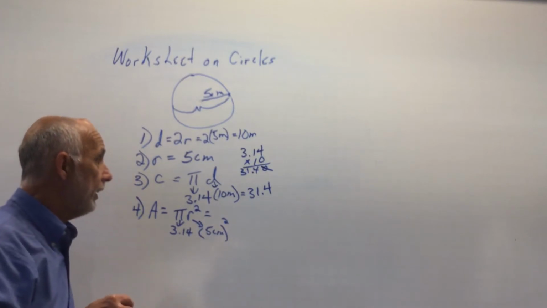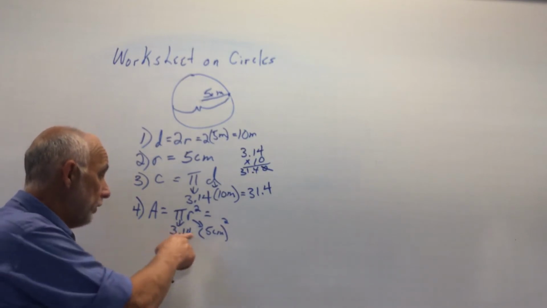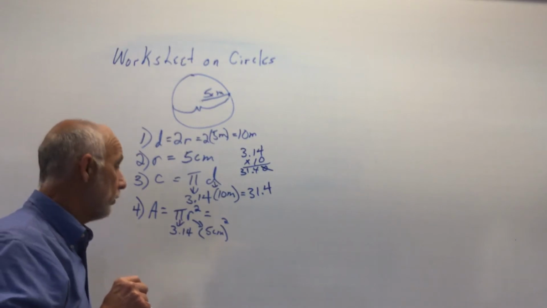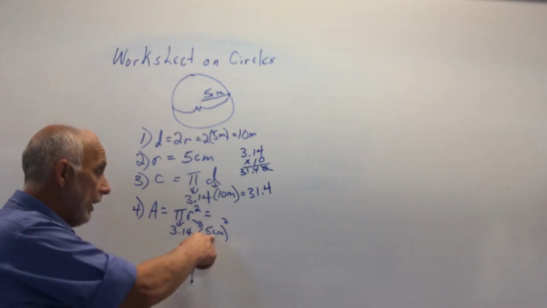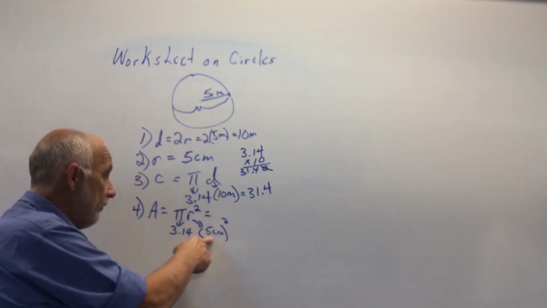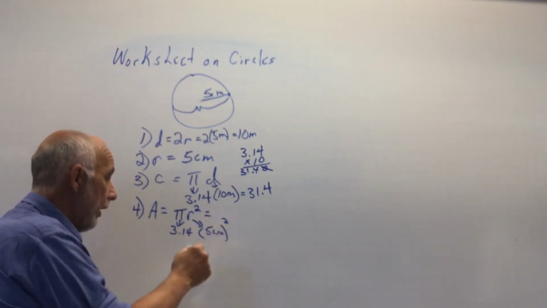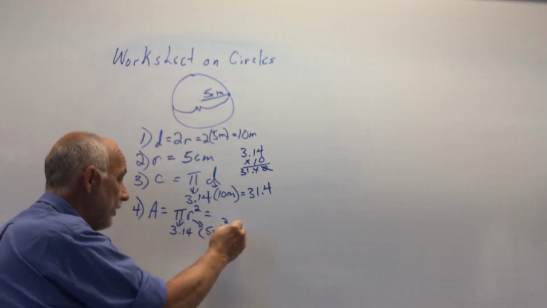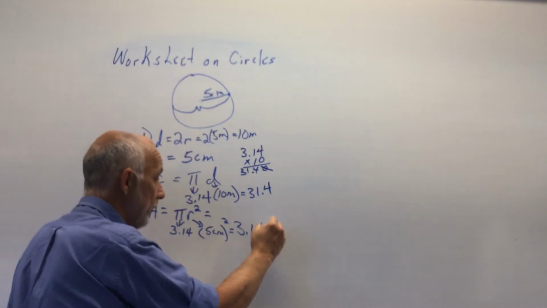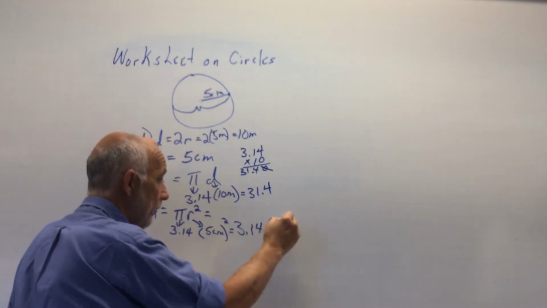Anyway, now you kind of need to know the order of operations because you have multiplication and exponents. What should you do first, multiply or exponents? The answer is powers or exponents. So 5 centimeters squared would be 5 centimeters times 5 centimeters, which would be 25 square centimeters, okay?